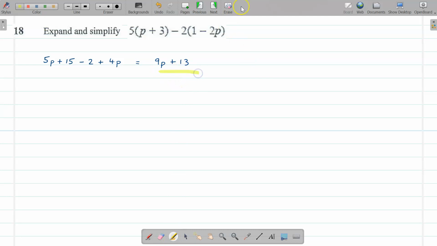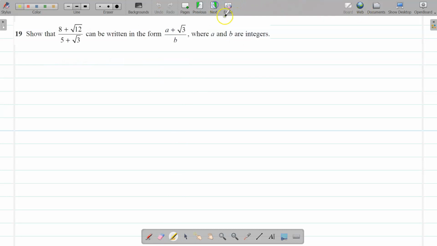Next question. This is quite a difficult question with surds because we've got to rationalize the denominator. The way I would approach this is to write 8 plus, now I'm not going to write root 12, I'm going to simplify that to be root 4 root 3, which is 2 root 3.